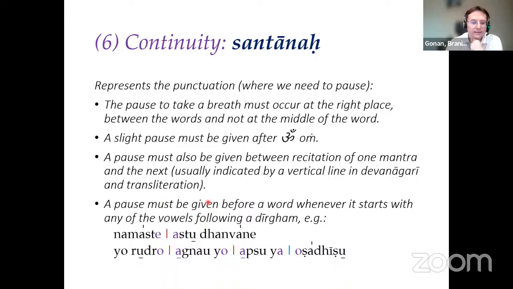But here is something that is very often omitted in many, I don't know, in many schools, I would say. But I think for the beauty of the chant, we should really follow this rule, and we are really following it. And this is when we have two vowels, when we have vowels following a dirgham.